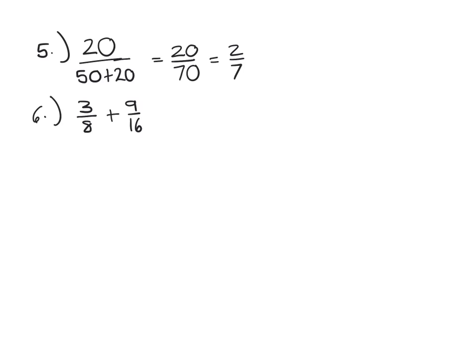Like Darren says, the bottom must be the same. So we need to change one of these to look the same. Now 8 can luckily go into 16, so I'm just going to times it by 2 to make it a 16. So the sum then ends up being 6 over 16 plus 9 over 16, and now I can plus them. So 15 over 16.